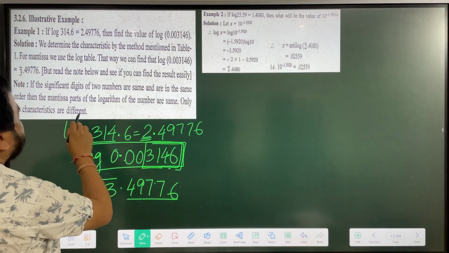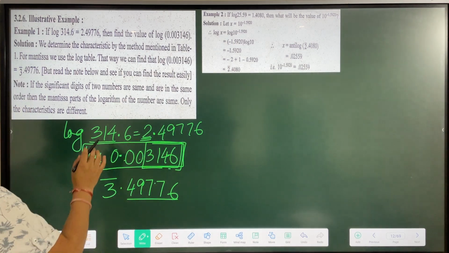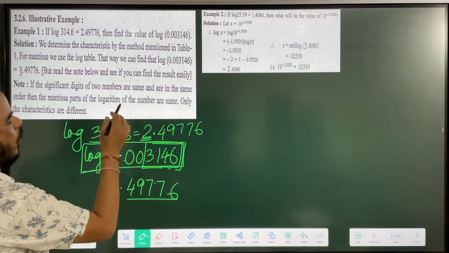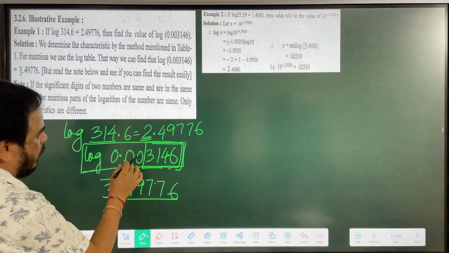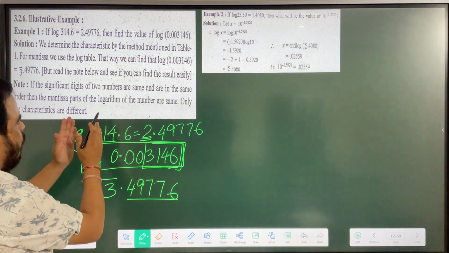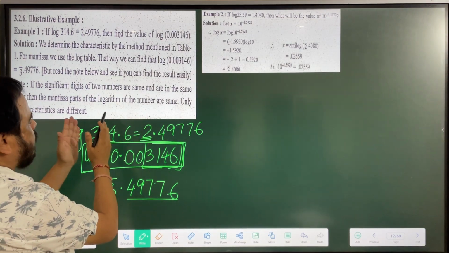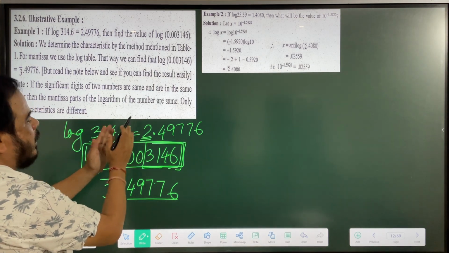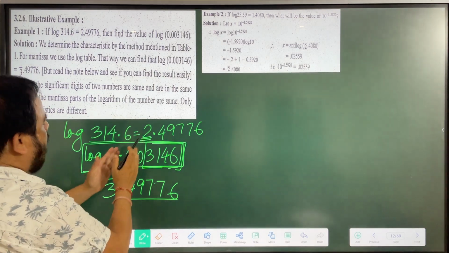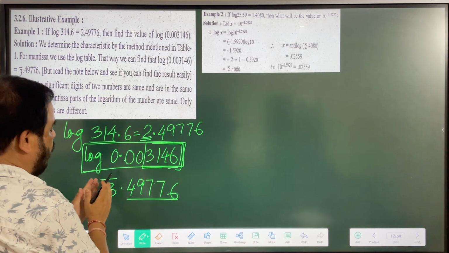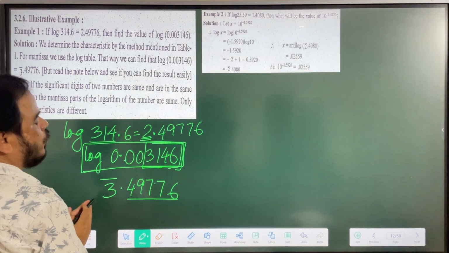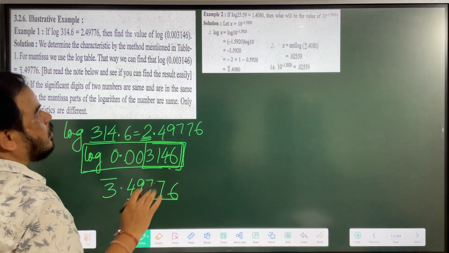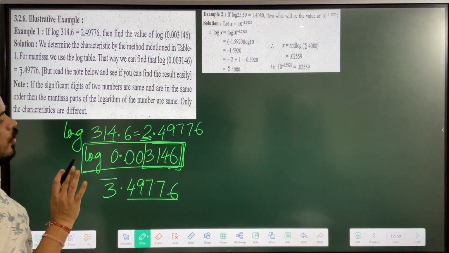Only the characteristics are different. Here, after the decimal 2 zeros are there, so the characteristic is 3 bar. If there are numbers before the decimal, you get a positive characteristic; if zeros are after the decimal, you get a negative one, that means bar. 3 bar means minus 3, so the answer is 3 bar .49776. I hope you understand.